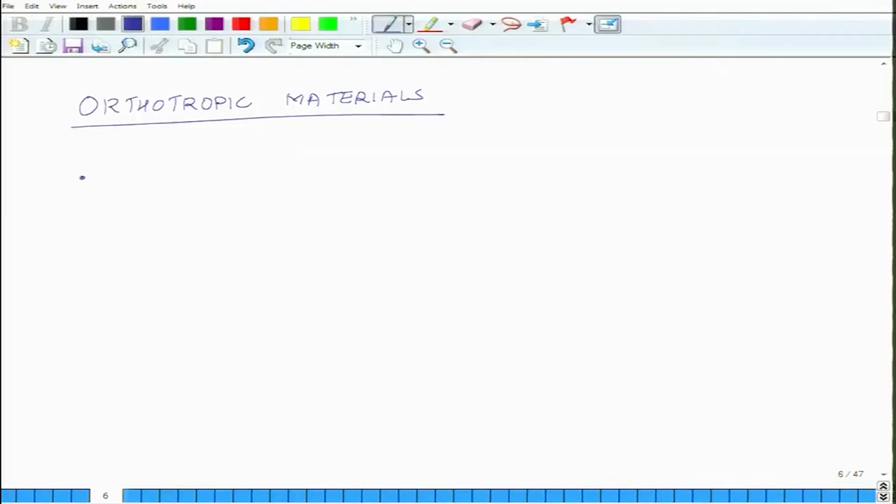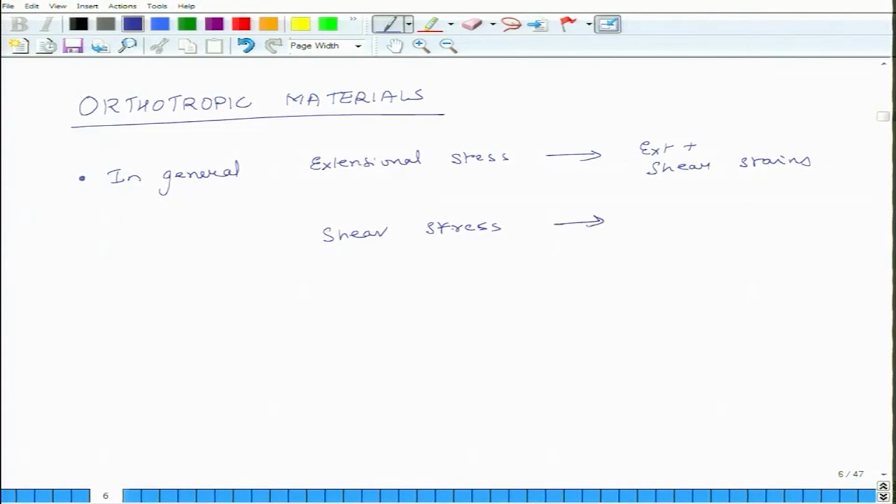In general, if you apply extensional stress, they will exhibit what? Extensional plus shear strains, and if you apply shear stress, they will again exhibit extensional plus shear strains.